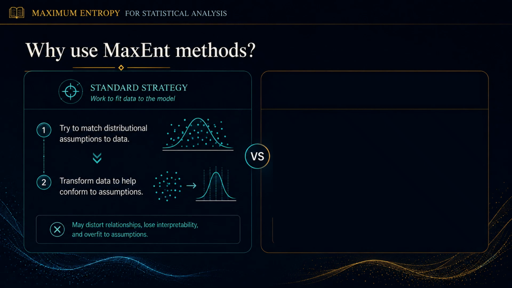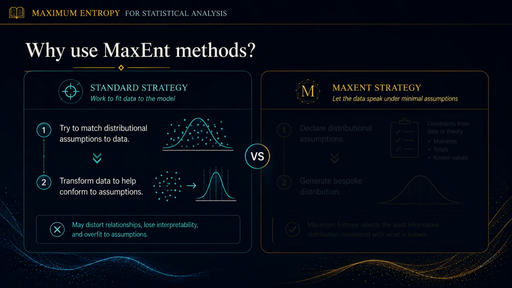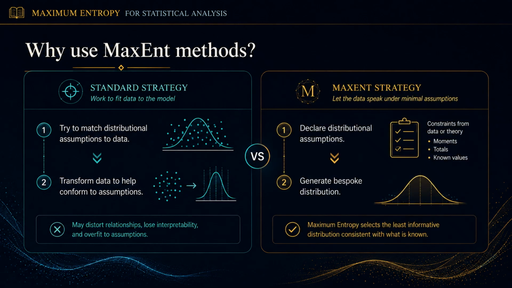And this is where maximum entropy methods become very, very useful. So with MaxEnt methods, the emphasis is flipped. We declare our assumptions about the data, and then we generate the probability distribution that fits those assumptions, or the information that we believe we have.